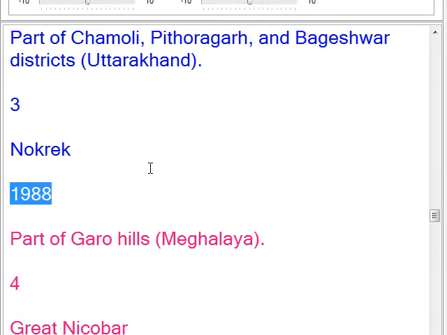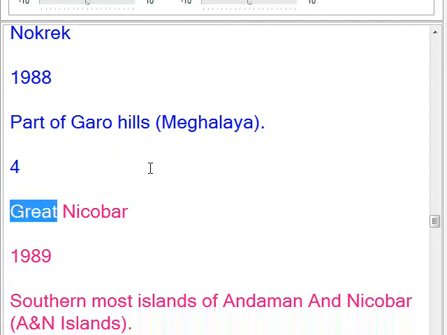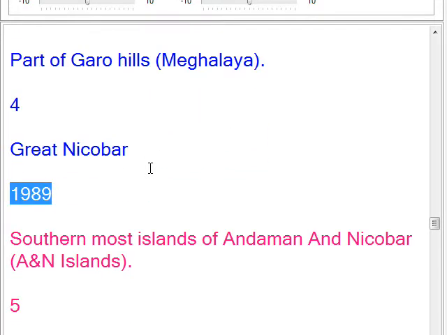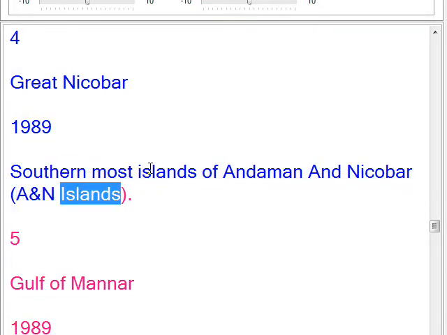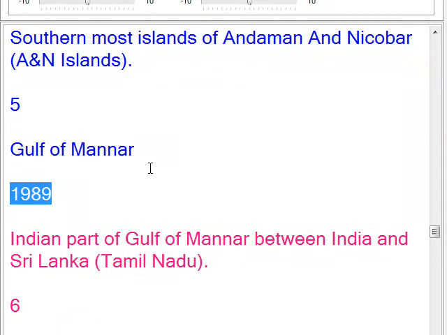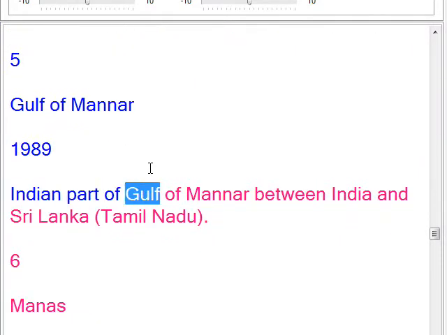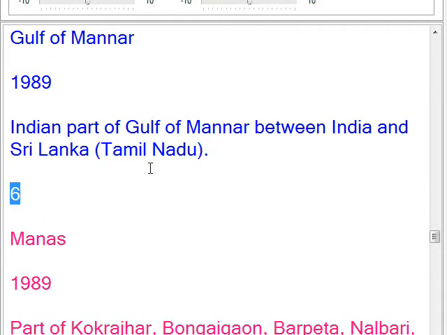Nokrek, 1988. Part of Garo Hills, Meghalaya. 4. Great Nicobar, 1989. Southernmost islands of Andaman and Nicobar Islands. 5. Gulf of Mannar, 1989. Indian part of Gulf of Mannar between India and Sri Lanka, Tamil Nadu.